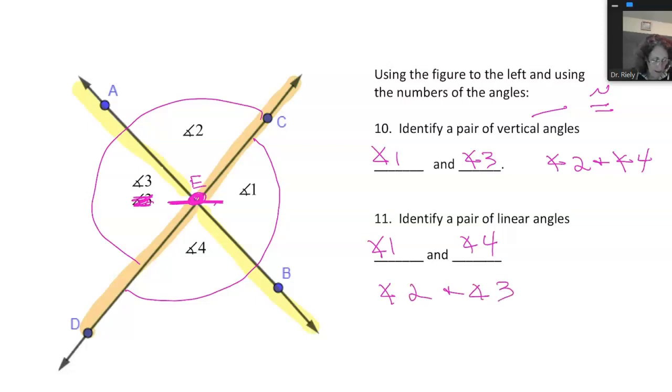What about the yellow line? Yep, that creates linear pairs too. So angle 2 and angle 1 are a linear pair, and so are angle 3 and angle 4. So you have lots of answers out there, but you only need to pick a pair, and pair means 2. Okay, like a pair of socks. You've got 2 socks. Okay, a pair of legs, 2 legs.